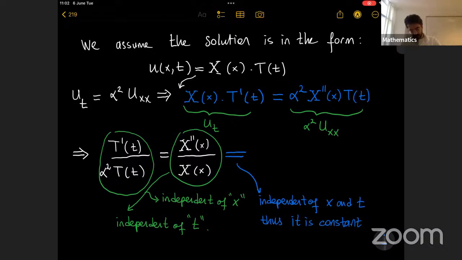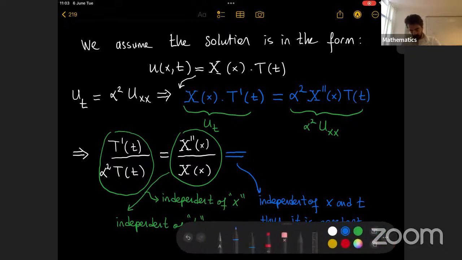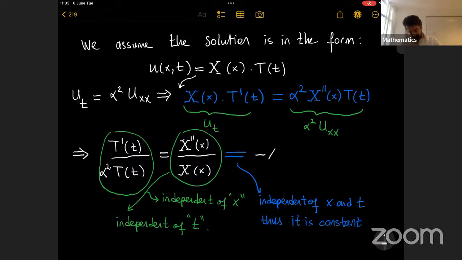So let's say this is equal to some constant. This constant, we will call it minus lambda, for some reason. We put a minus sign here to make the computations easier. Okay, it's a constant. So this is minus lambda.